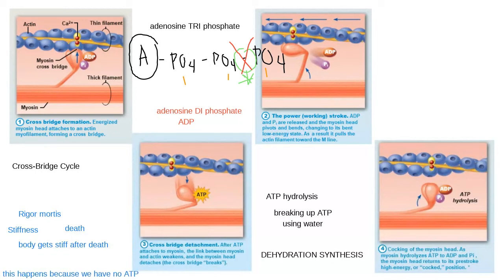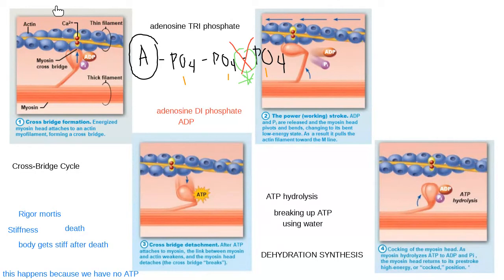I need you to help me remember, what is the job of ATP? What does ATP actually do in this cross-bridge cycle? Okay, so it is my energy. That is correct. I do use it as an energy source.